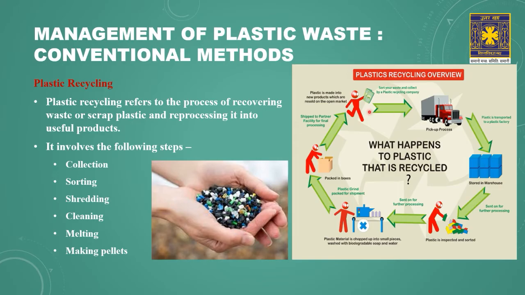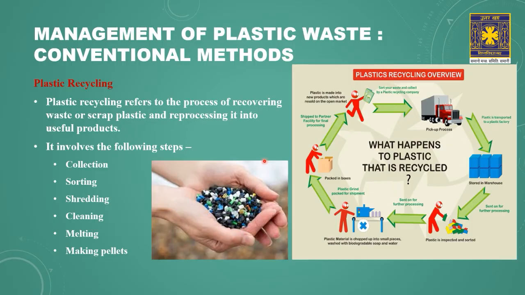Now let us focus on some aspects of the management of plastic waste. The conventional methods of managing plastic waste involve the recycling of plastic. Plastic recycling basically refers to the process of recovering waste or scrap plastic and reprocessing it into useful products.